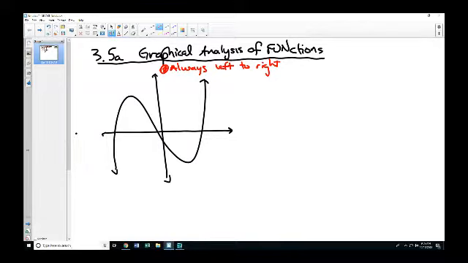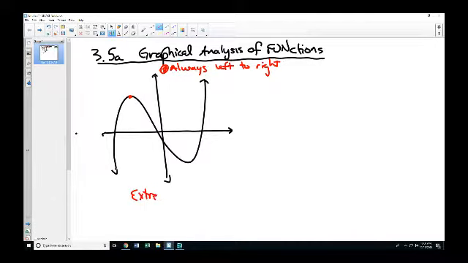Graphical analysis. If I were to say, where is there a maximum value, what would you intuitively think? Or the vertex of the function. Yeah, good math words right there. So this would be a maximum, right? So part of analysis is finding a max, or a minimum.